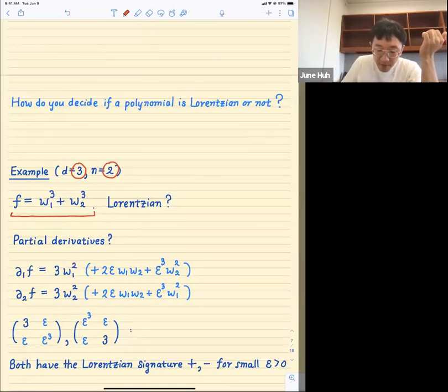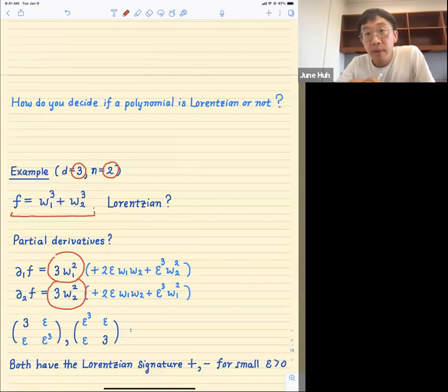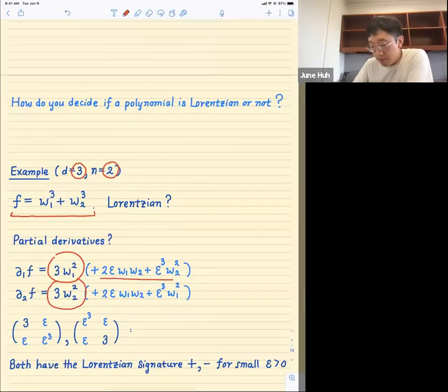So if you take the first partial derivative, you get 3 w1 squared, and similarly for the second one. And it is easy to see that both are in fact Lorentzian. So I can add to this polynomial 2 epsilon w1 w2 and maybe epsilon cubed w2 squared.